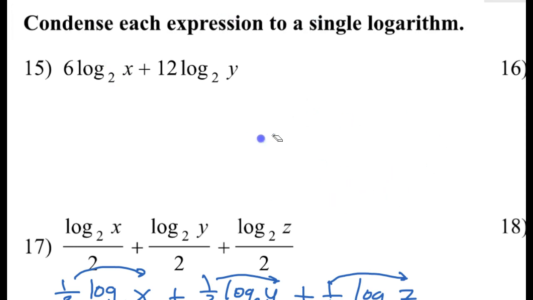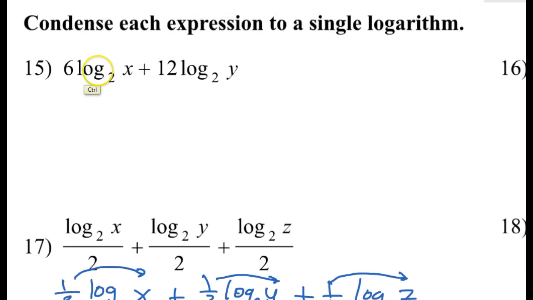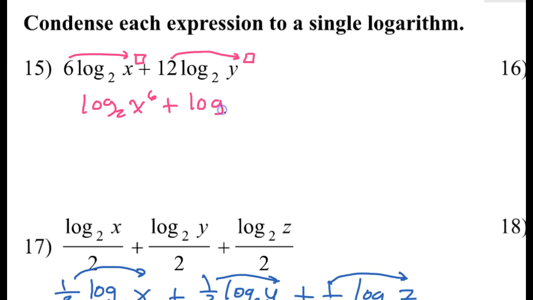Now, looking at these specific problems, first of all, I see these numbers in the front. When I'm condensing, they are going to become exponents. Okay, so that's going to leave me with log base 2 of x to the 6th power plus log base 2 of y to the 12th power.